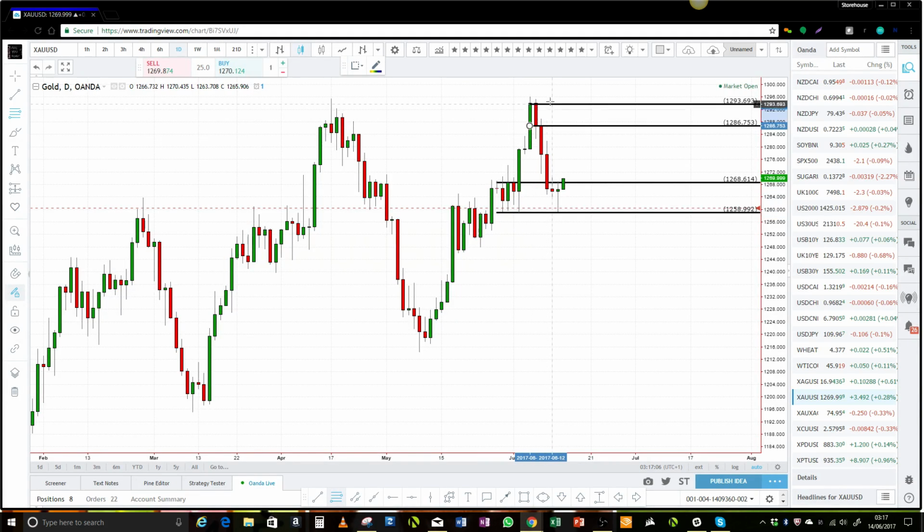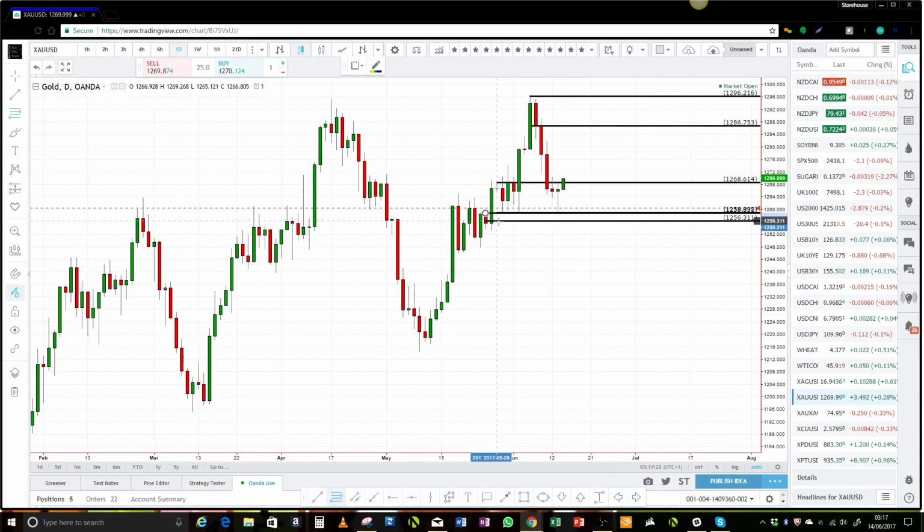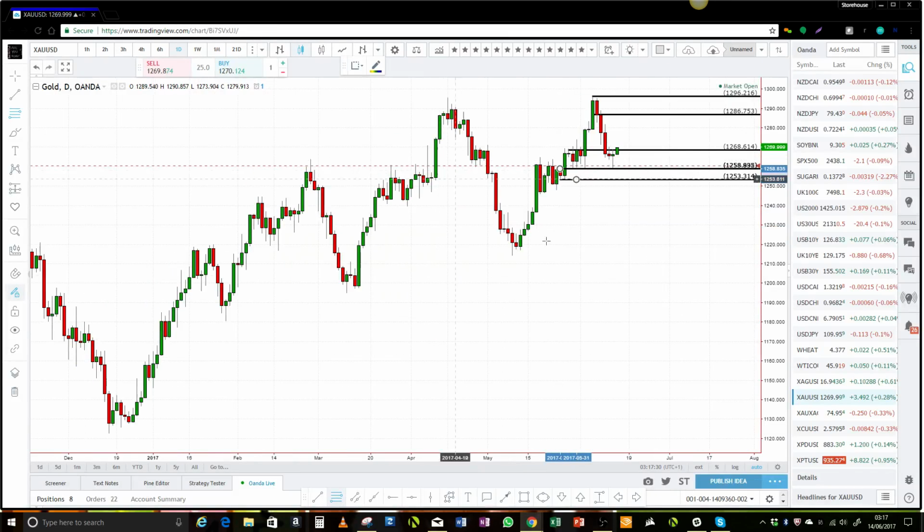Didn't quite make it to there yet. We've taken out a little bit of demand in there, so watching this area for a potential profit target going up from there. We had a little one there that I was looking at the other day. Looks like that also hit. We'll see.